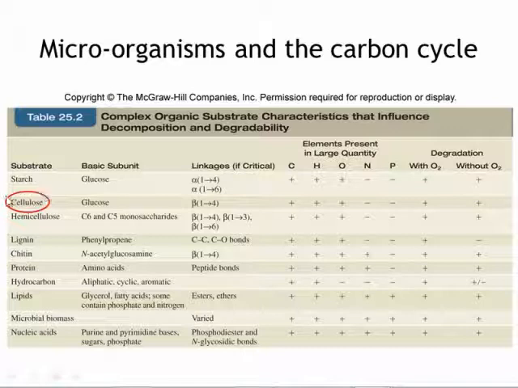will ferment cellulose. Their fermentation products will be short chain fatty acids like butyrate and lactate, lactic acid. These will be absorbed in the gut of the cow as a source of carbon.